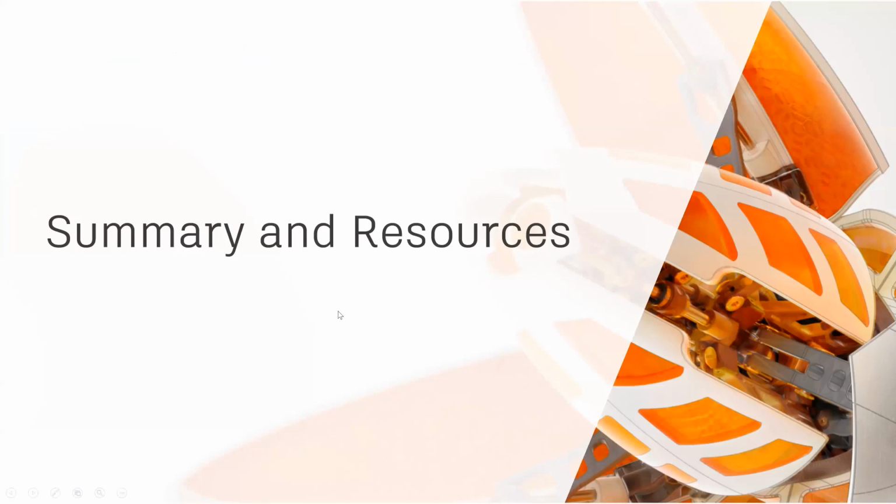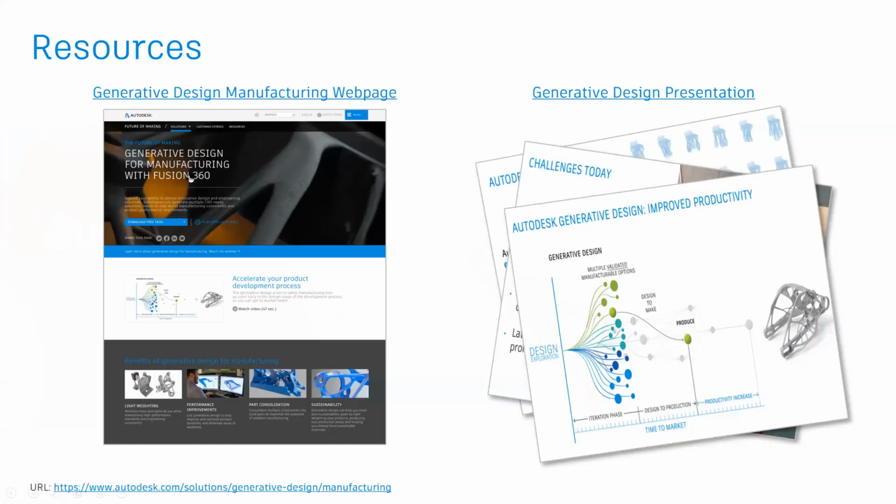So before I end, for people who already have Fusion 360 or they are using the trial version, there are a lot of summary and resources that are available which you can use to hone your skills and start using generative design. You can visit autodesk.com and explore the generative design webpage.